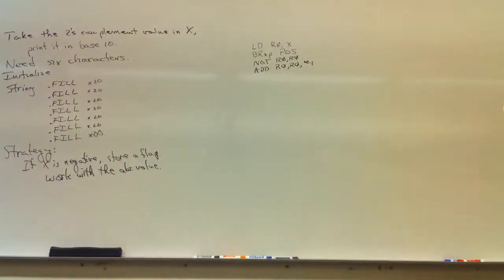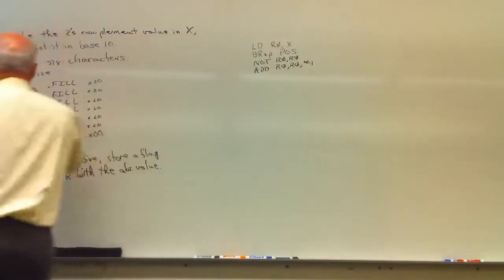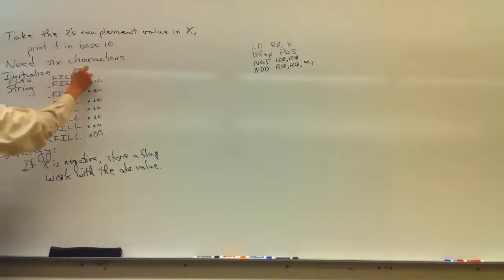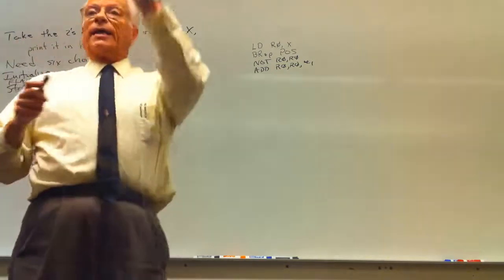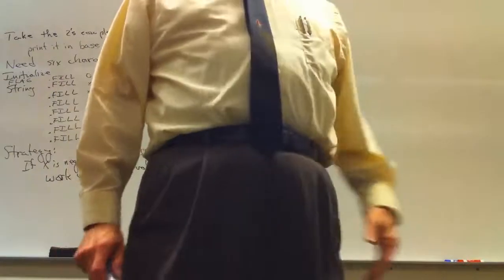Well, okay, I've got to be able to get just a number 1, let's say, stored someplace. I'm going to call it flag. In other words, I'm going to have in here somewhere a memory location flag, which I will start with a 0 in it. If at the end I've still got a 0, that's going to say it's a positive number. Don't worry about the sign.